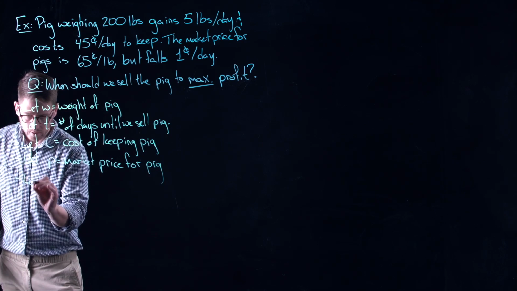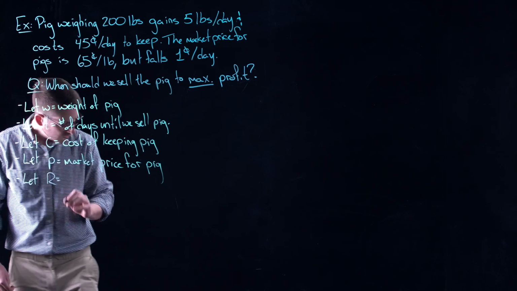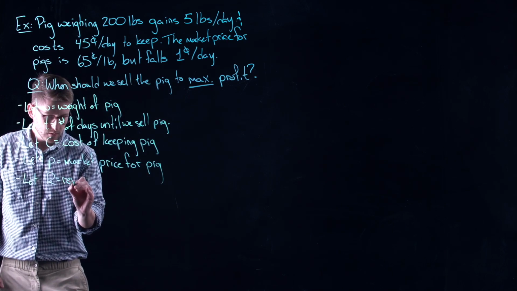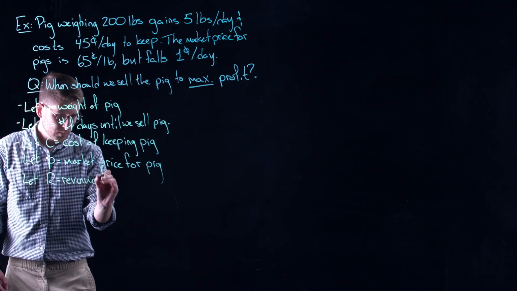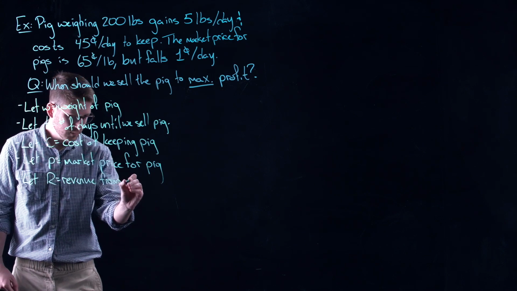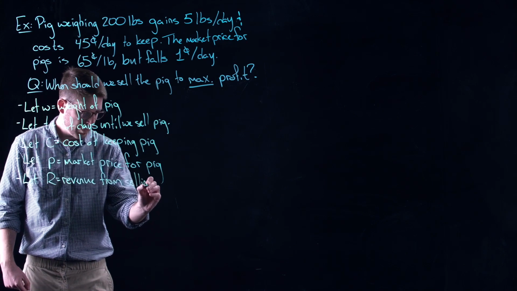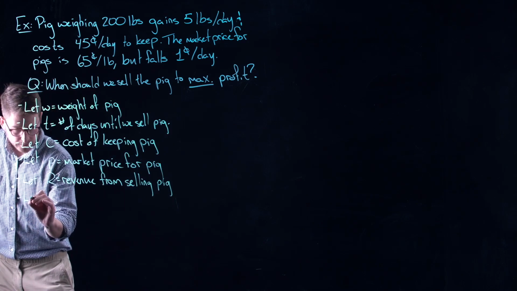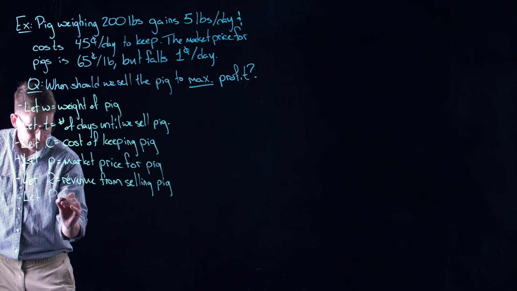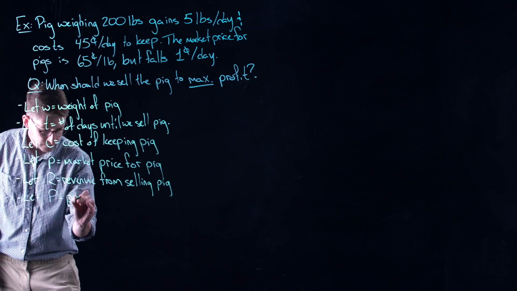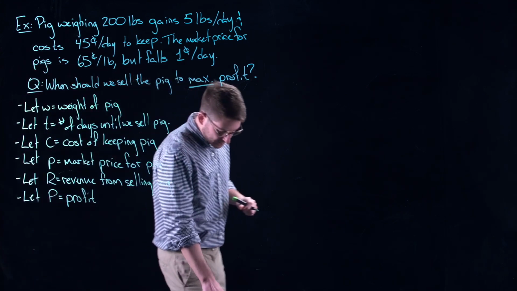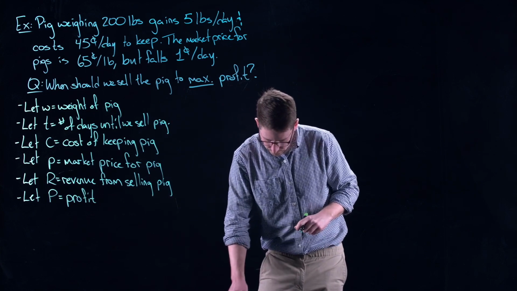Let R be the revenue obtained from selling the pig. And finally, the thing that we really care about, P, is the profit. That's revenue minus expenses.